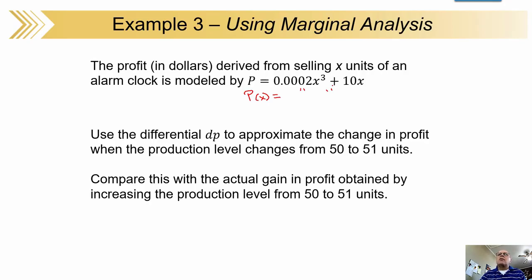If we want to find out how much the profit changes when we go from a demand of 50 units, selling 50 units, to 51, how does the profit change? dP. The exact value we want is called delta P. dP is almost exactly the same. That's what we can get by using calculus. This is what we get by using arithmetic.